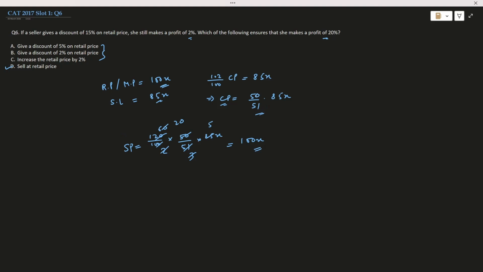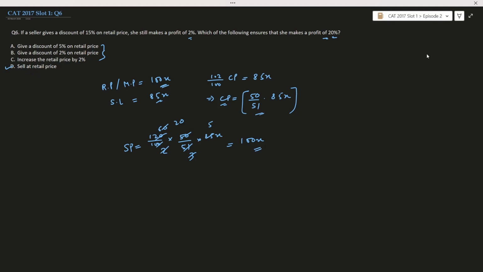The cost price I have calculated like this, no need to calculate the entire thing. Now since I'm making a profit of 20%, the selling price will be 120% of the cost price. After solving this, I'm getting 100x, and 100x is basically the retail price, so you have to sell at the retail price. So the answer will be option D.